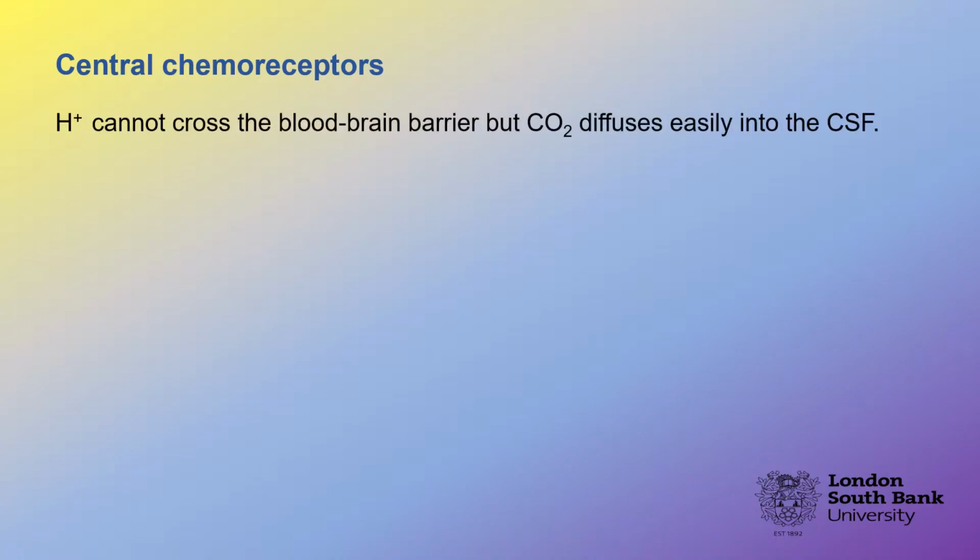So let's talk about the central chemoreceptors first. Remember, these are monitoring H+ in the CSF. They're found in the medulla. H+ can't itself cross the blood-brain barrier, but CO2 can, and this diffuses into the CSF from the blood.